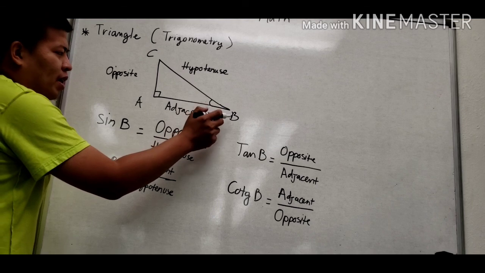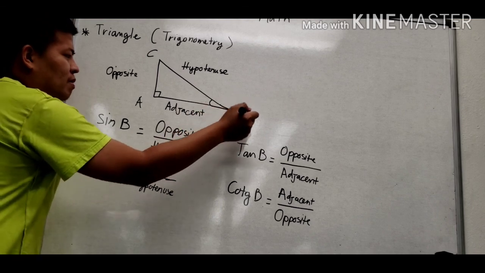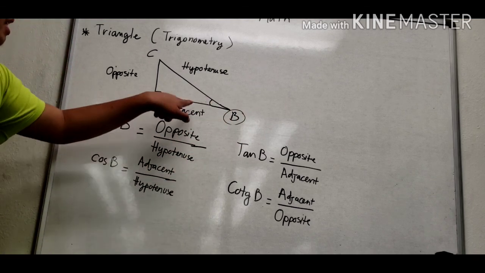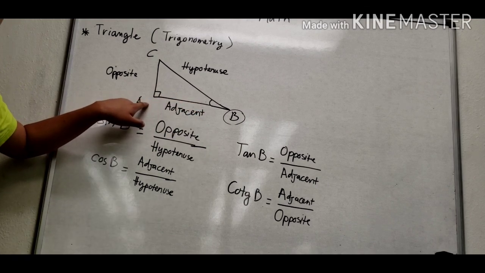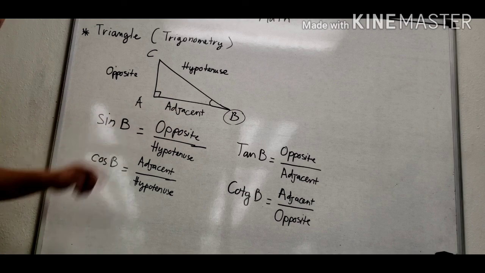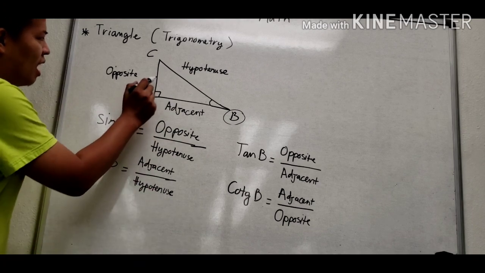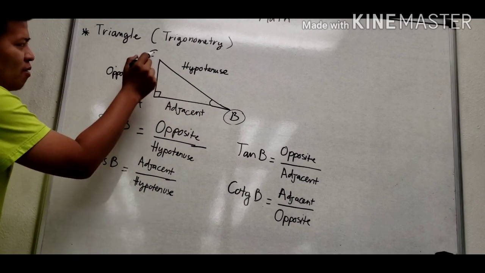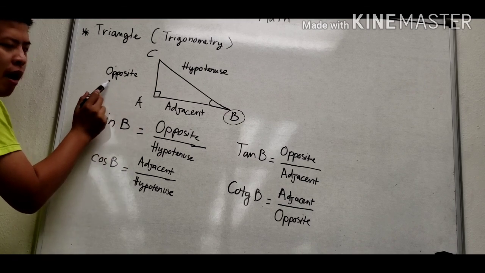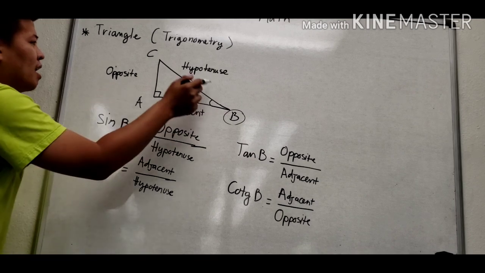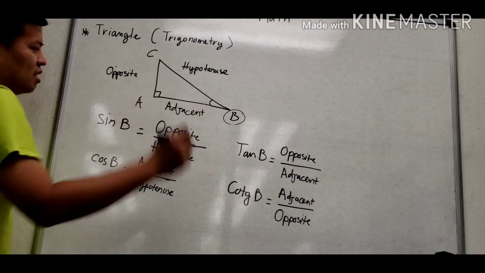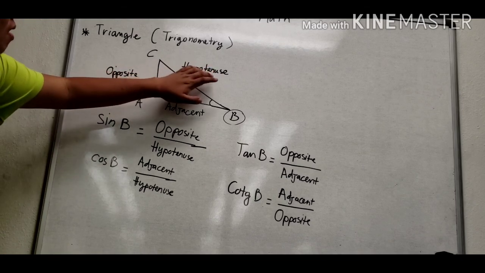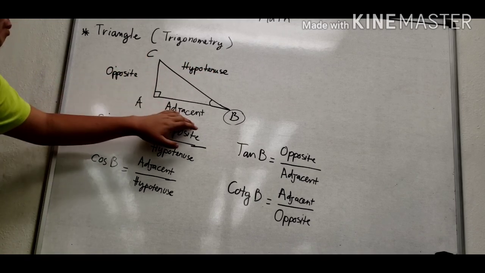If you choose one angle, for example, I choose B here, the side next to B along with the right angle is the adjacent, and the side that B doesn't connect to, at A, is the opposite side, and the hypotenuse is the longest side of the triangle, that's B with C. So we need to know hypotenuse, opposite, and adjacent.